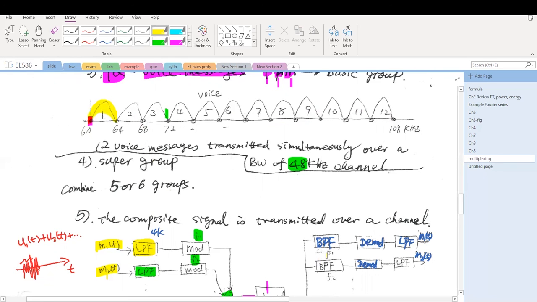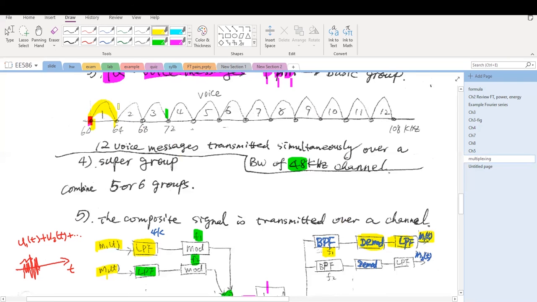So this bandpass filter has to be related to the first carrier, F1. After that, we demodulate, then apply a low pass filter, and obtain the first message.